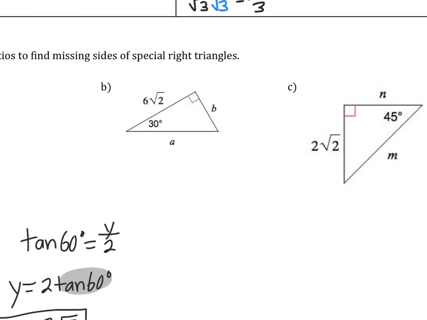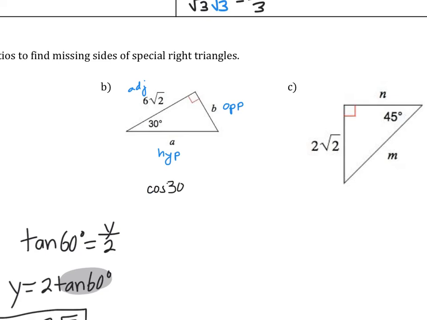So here, using 30 degrees, this would be our hypotenuse, this would be the opposite side, and this would be the adjacent side. So let's start by finding A. Which ratio uses adjacent and hypotenuse? That would be cosine.